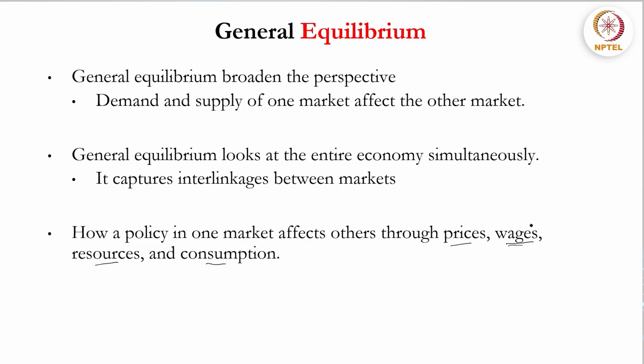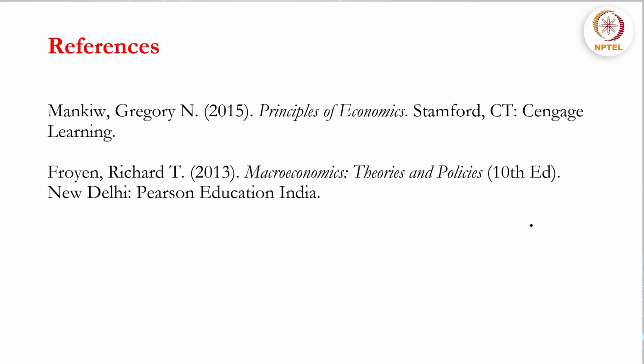So here I stop this lecture, and I thought these two references would be useful for you. One is Mankiw, which I have already told you about, the principles of macroeconomics. You can consider a few selected chapters.